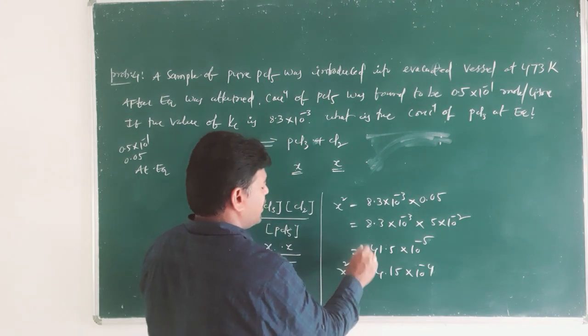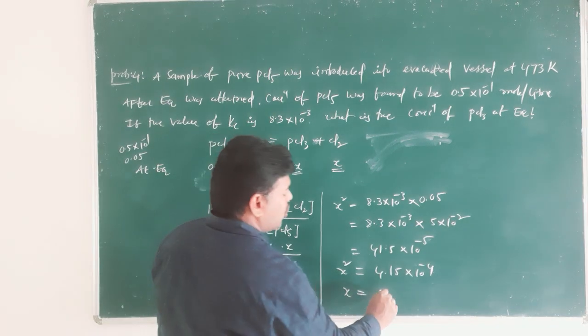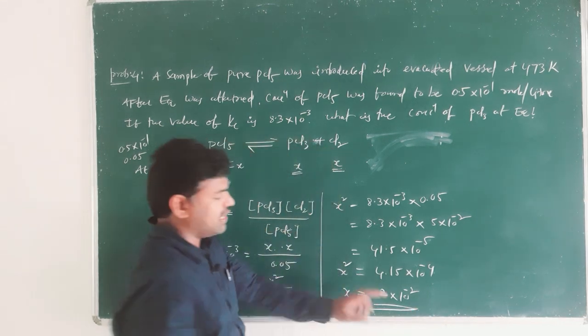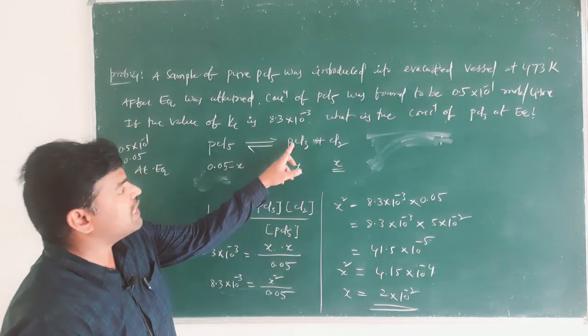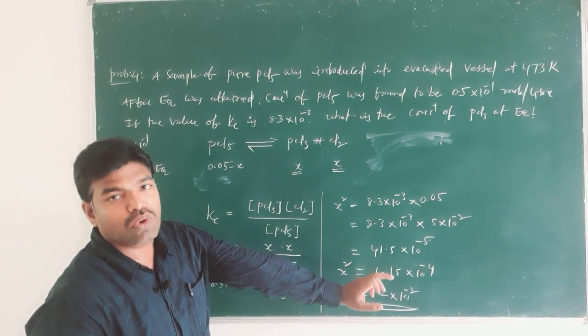So x square is equal to that, and applying the root, x is approximately 2 into 10 power minus 2. So x is the concentration of PCl3, which is 2 into 10 power minus 2 moles per liter, right.